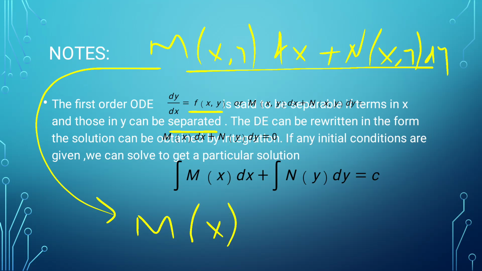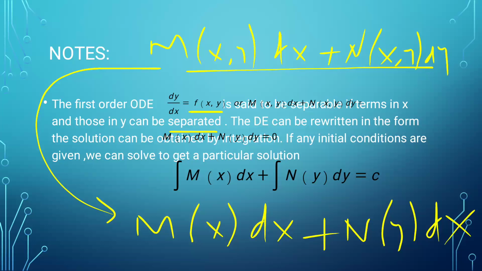When you separate, then M is a function of x and N is a function of y, because now you have separated the terms of x and y. Then after this you can get the solution by integrating.